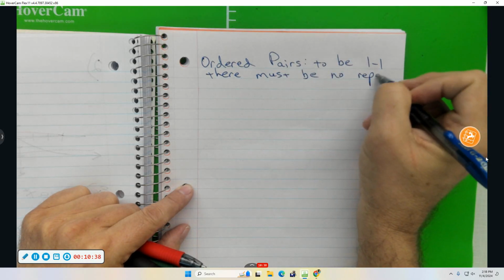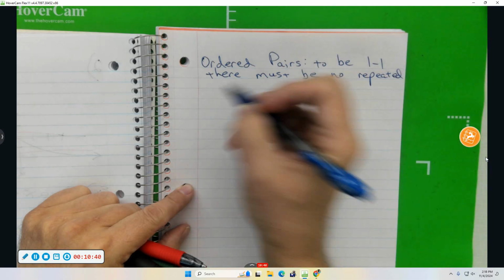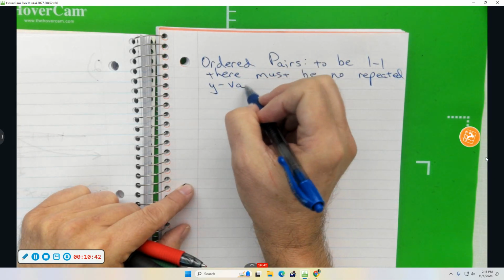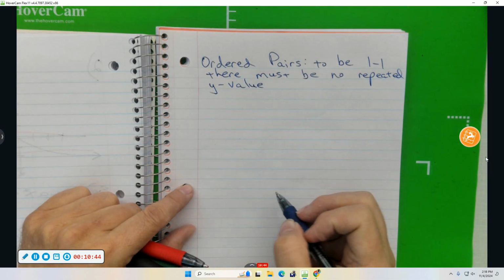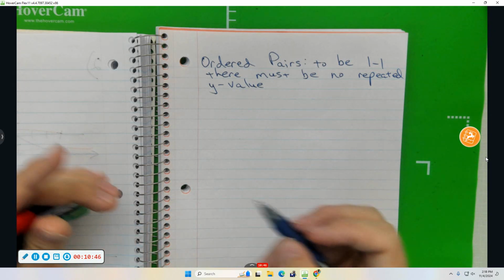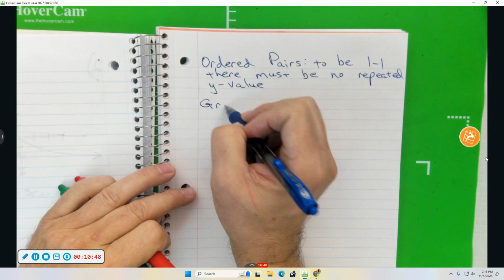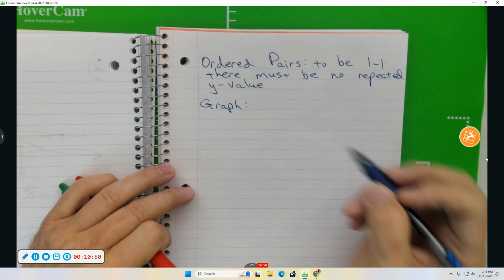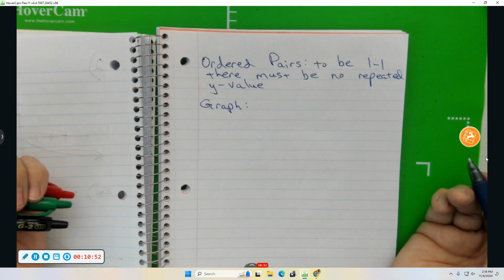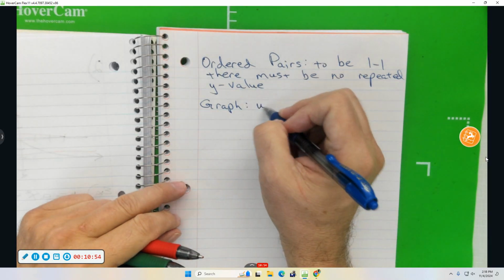Every y value has to be different, just like every x value has to be different. Now, if you're looking at a graph, it's easy to determine whether it's representing a one-to-one function. Just use the horizontal line test.